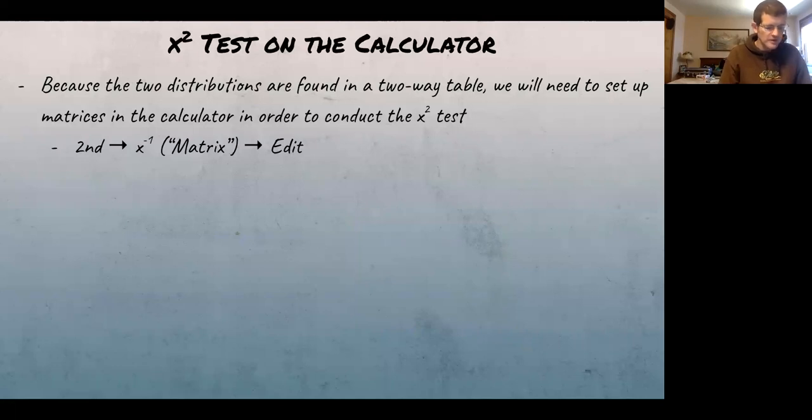All right, so this should be refresher for all of you. You want to hit second and then your inverse function button right there, and that will take you to your matrices.